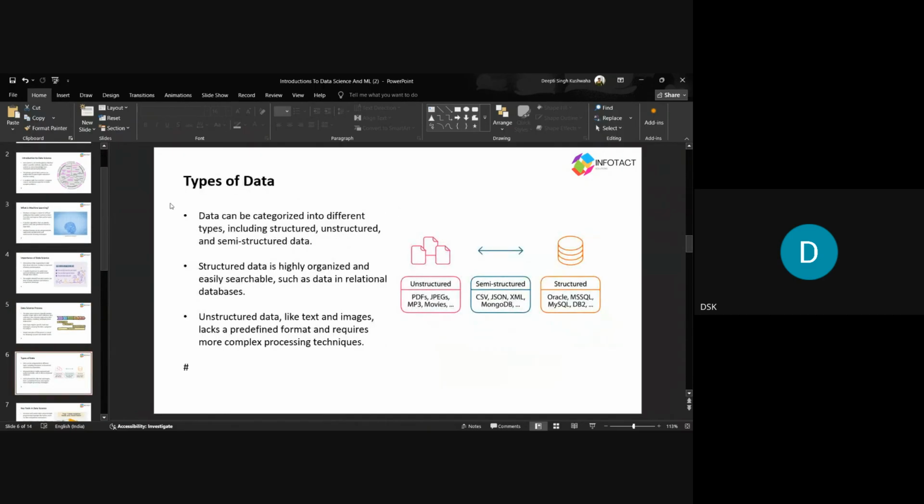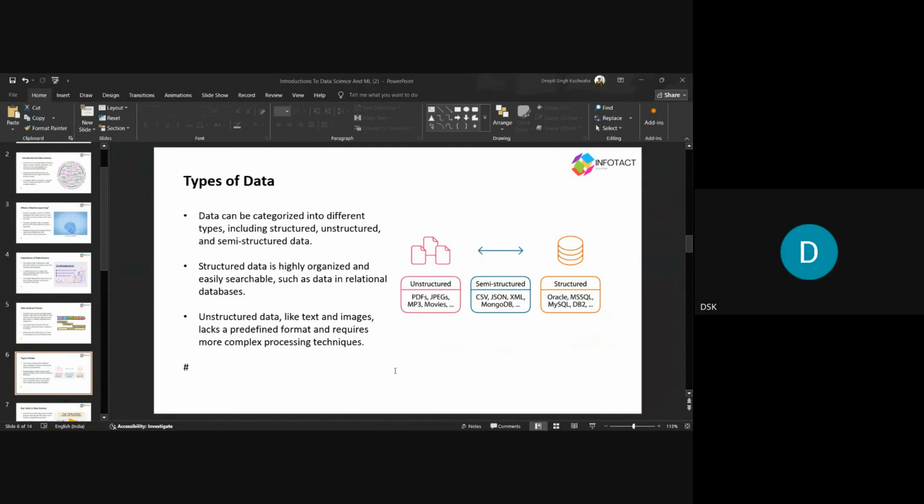So, the types of data. Data can be classified into unstructured data, semi-structured data, and structured data. Structured data is highly organized and easily searchable, but unstructured data includes text and images, and it lacks a predefined format, so that can be messy.